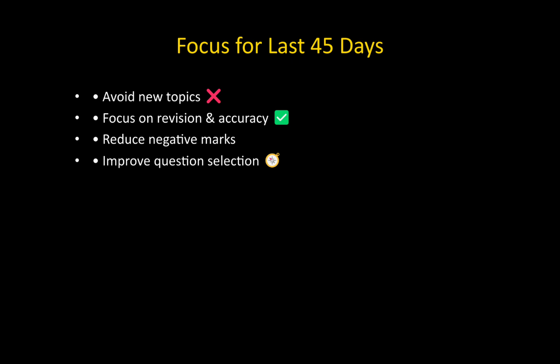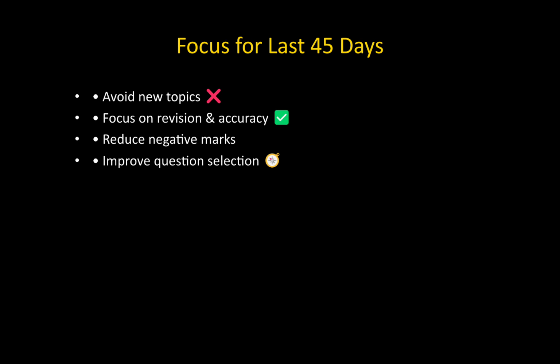Now, what you must focus on in the last 45 days: if you are good with your concepts, considerably close to 70% done, you can comfortably avoid new topics now. Do focus on revision and accuracy. Try to reduce your negative marks, because that will significantly improve your score and rank as well.